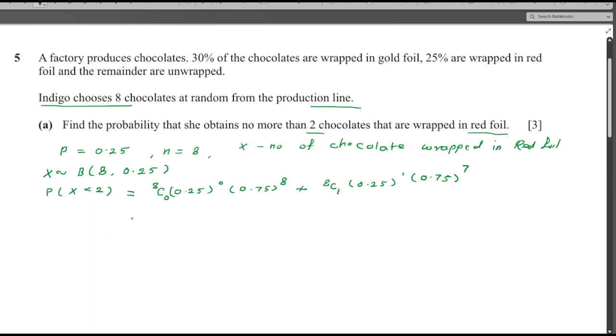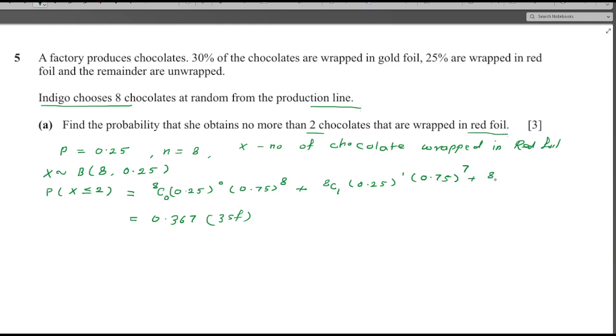Okay, so the result we get is 0.367 in 3 significant figures, right? Okay. Wait a minute. The question is not more than 2, which means 2 is also a possibility. So here I will add 8C2 times 0.25 squared times 0.75 power 6.